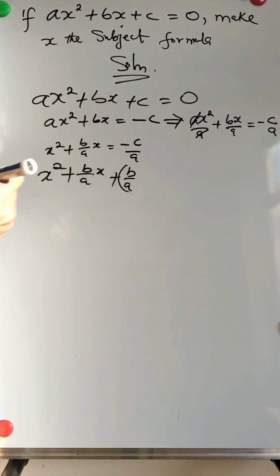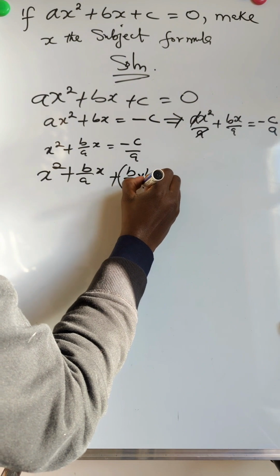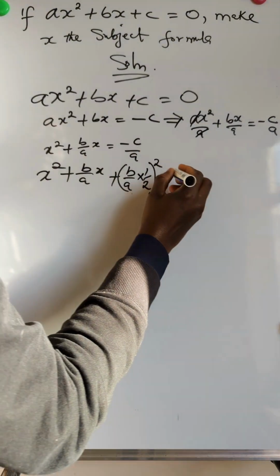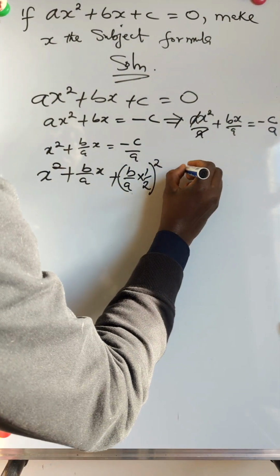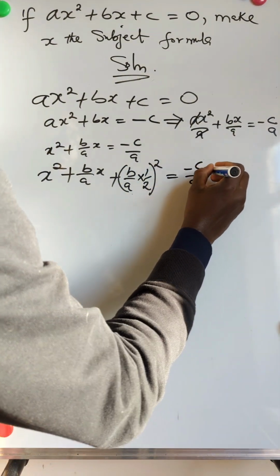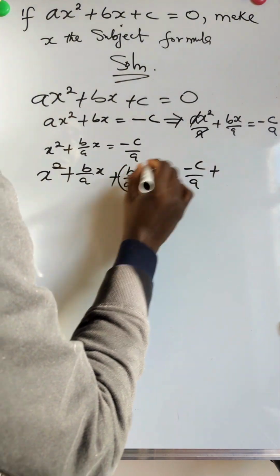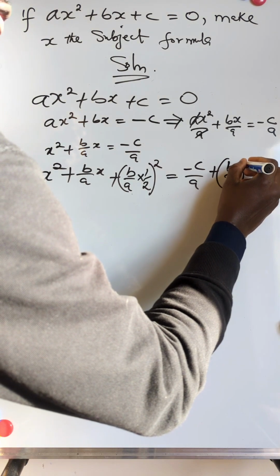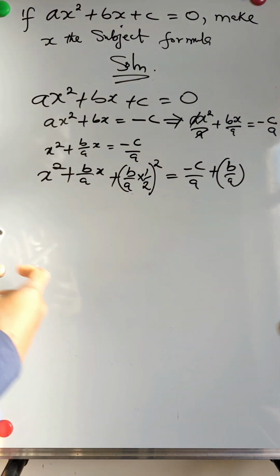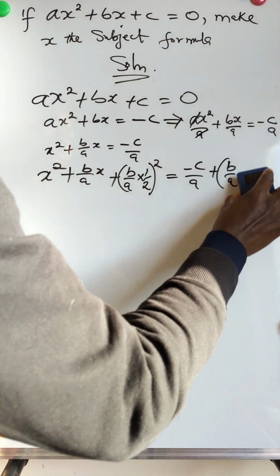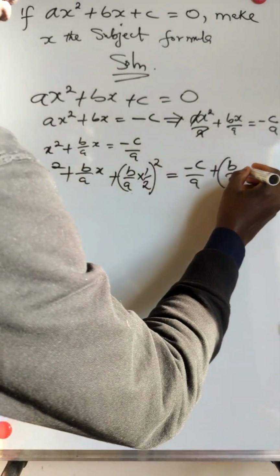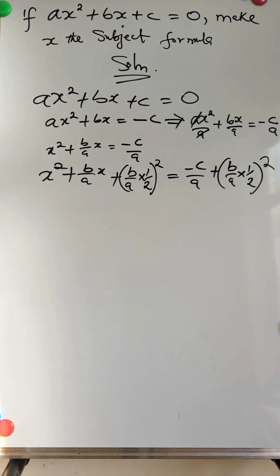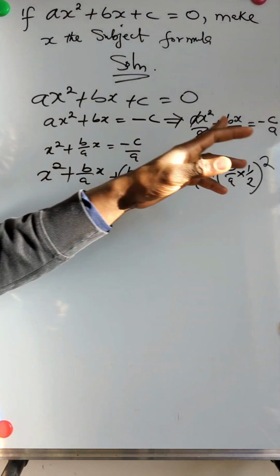We're multiplying b over a by half, square the result, and we've added it to this side of the equation. So we also add to the right hand of the equation, minus c over a plus the same thing here, b over a times half, all squared. So what we've done to the left hand side, we've also done to the right hand side.